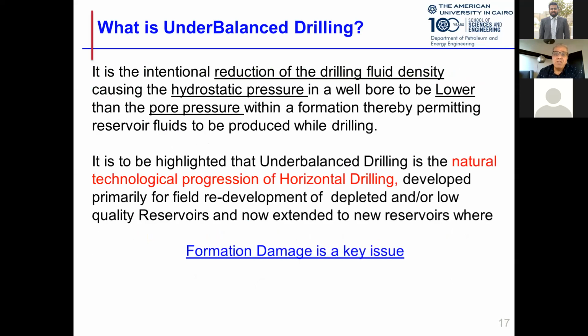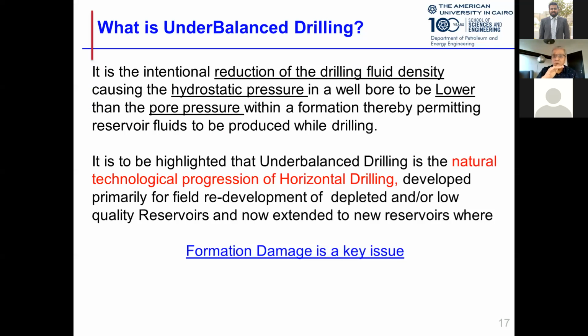So then what is underbalanced drilling? Underbalanced drilling is intentional reduction of the drilling fluid density. So we intentionally reduce the fluid density, which is the mud density, to cause the hydrostatic pressure in the well to be lower than, or equal to, the reservoir pressure.